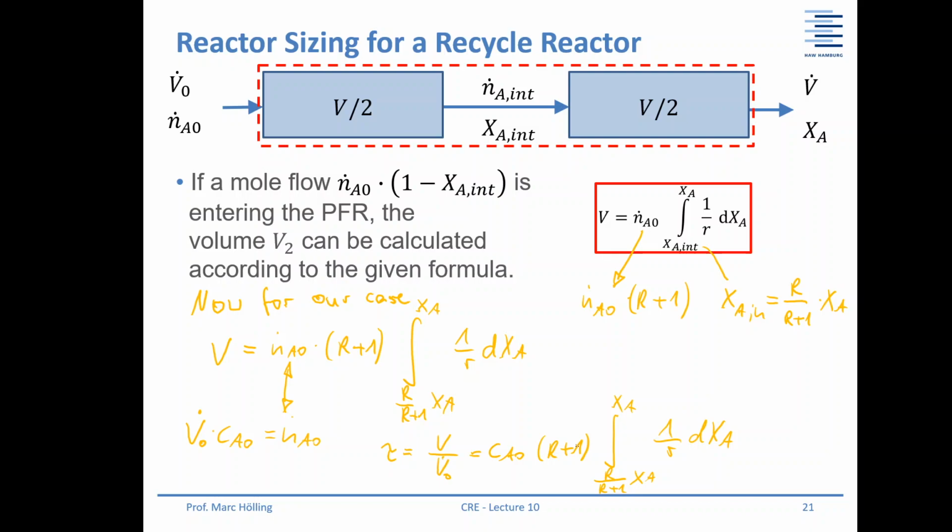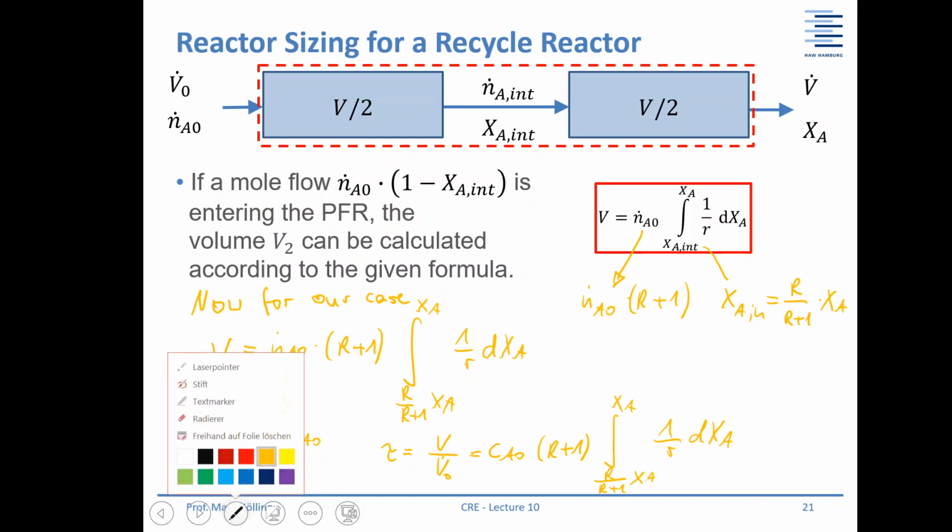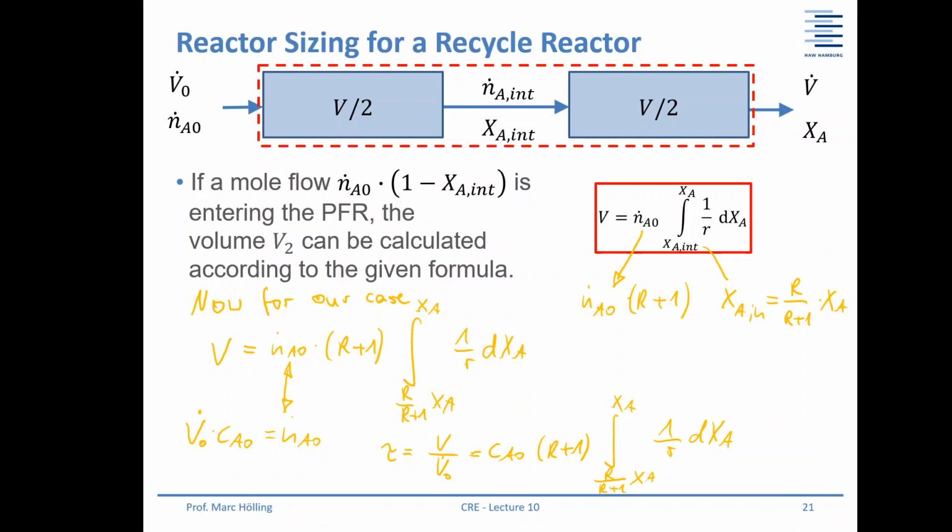Okay, if you compare it with what we've got already, if you say your R should be 0, then this would be pure plug flow reactor. So what will happen if you have R equal to 0?